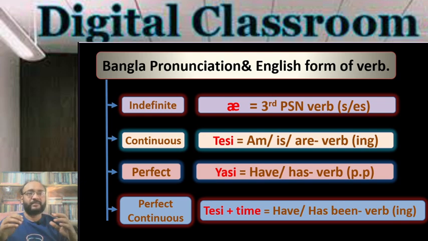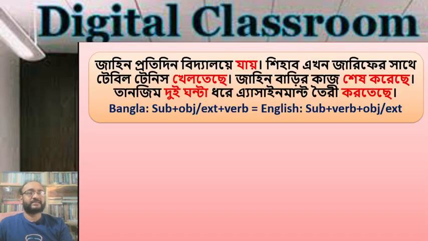At that time it is called present continuous tense. And now we are discussing perfect tense. That means yasi, khayasi, likiyasi, likesi, like that. At that time you have to use have/has plus verb past participle. And perfect continuous tense will be like continuous tense and there is time. So this plus time, you have to use have or has been plus verb ing.